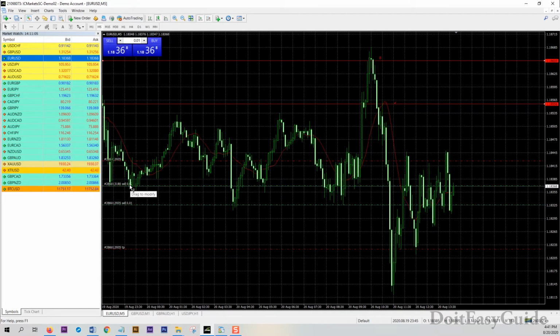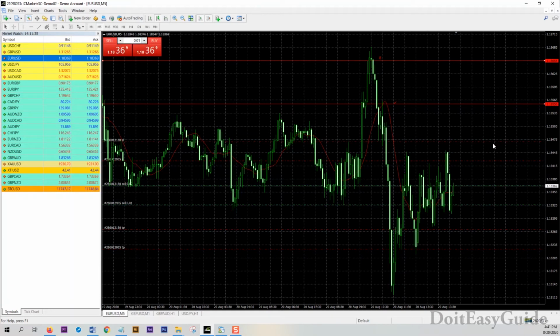Now my lot size is twice as big, that means if my target is 10 pips, you can see my profit will be $2, and my stop loss is 10 pips, that means my loss will be $2, right?